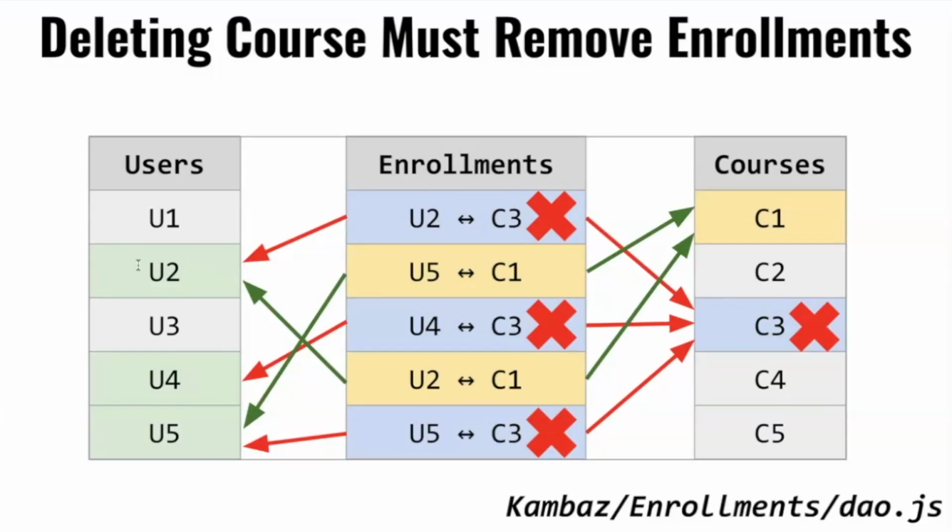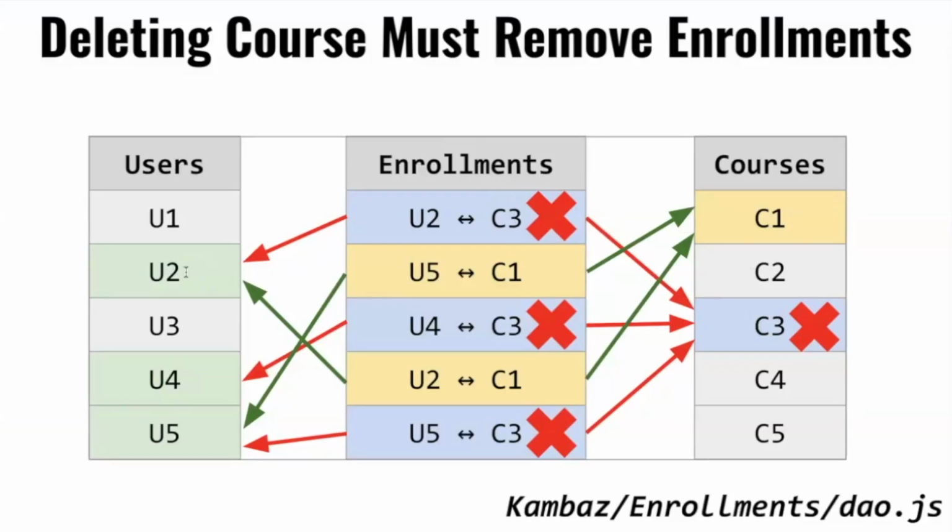If I remove a user, even though this is also on the one side of a one-to-many relationship, it doesn't mean that it just propagates to the course. It's always removing the relationship.